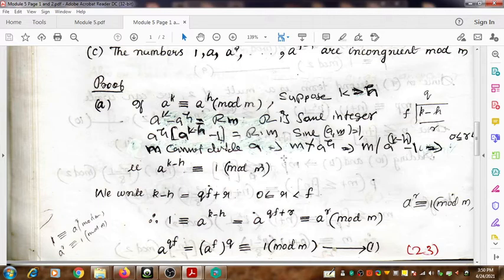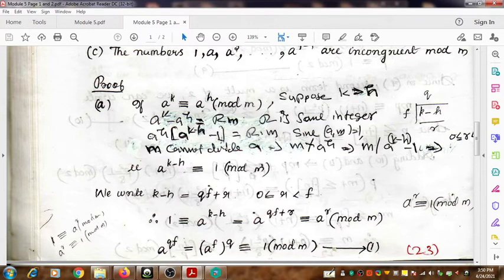That's a fact. So as a consequence, m cannot divide any power of a. Since m cannot divide a, m cannot divide a raised to h, where h is some positive number.